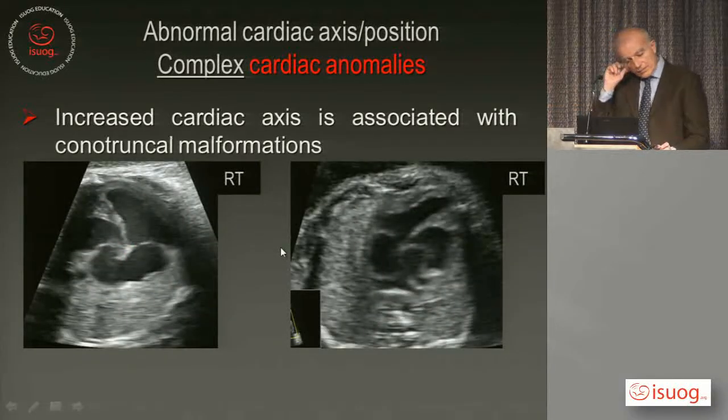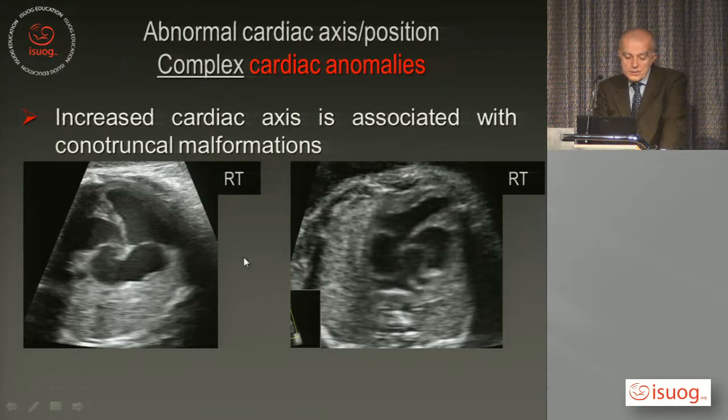And now, going towards the end of this brief talk, look at these two images, coming back to the D and L transposition that was mentioned earlier this morning. And in this case, of course, if I say that this is the right side of the baby, then you see that the moderator band sits on the other side.